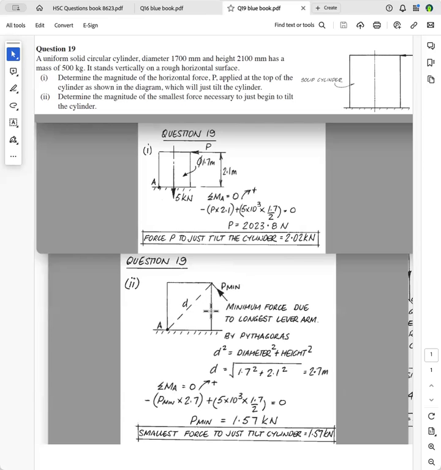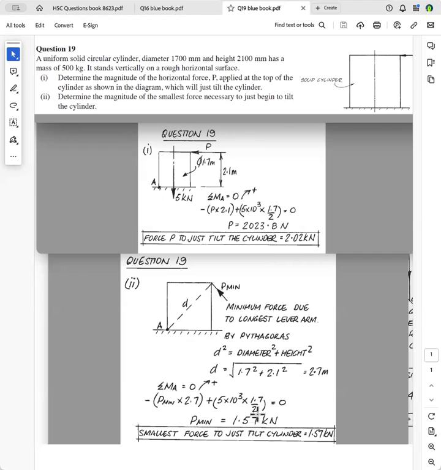You know that the center of mass goes through the geometric center of the object. So you just draw 2 diagonals there where they join. That's where the center of mass is. It's the centroid of this particular object. So that equals 0. So P minimum is equal to 1.57 kilonewtons.